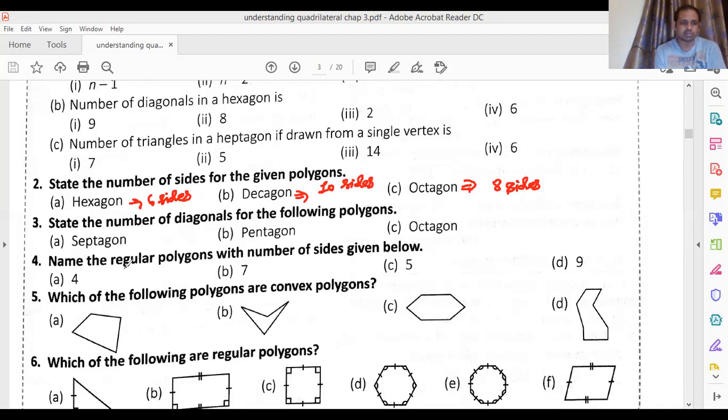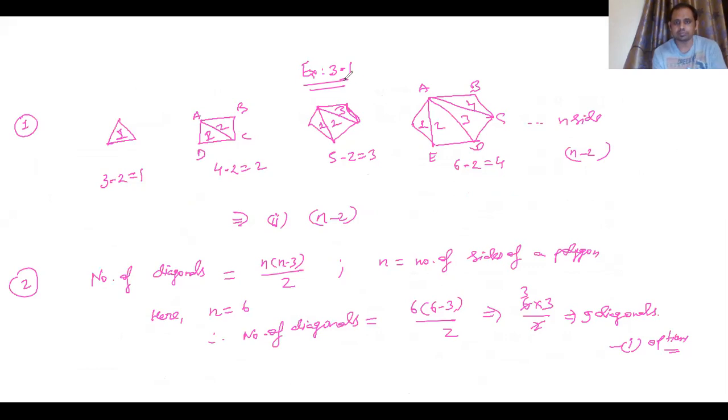We are going to solve one by one. First of all, we are going to solve the first one. Exercise number 3.1, question number 3A. Septagon is given.